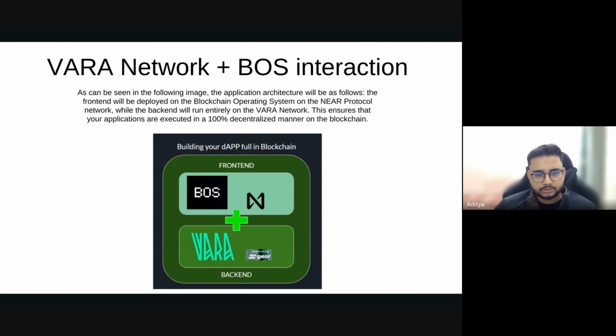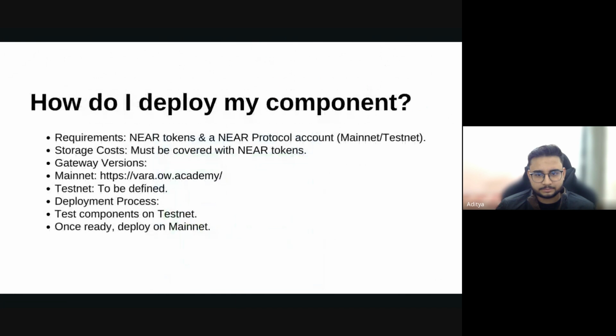This ensures that your applications are executed in a 100% decentralized manner on the blockchain. This is one of the revolutionary things that I have seen personally. Previously, building a dApp fully on a blockchain required something centralized, but now you can build your 100% decentralized dApp, right?